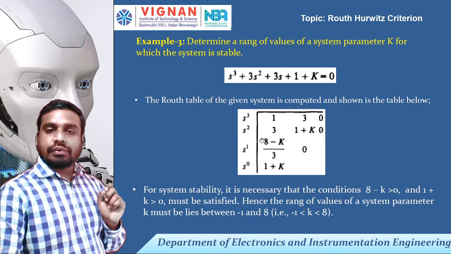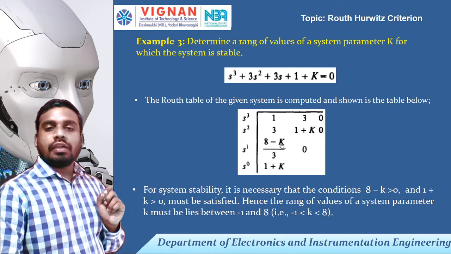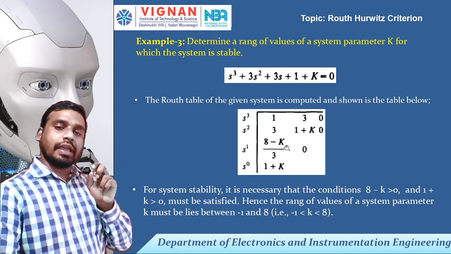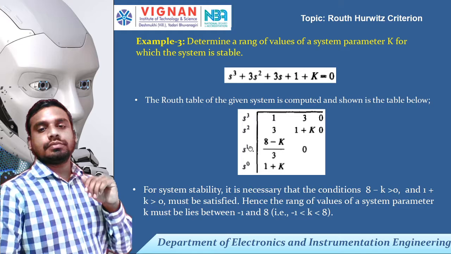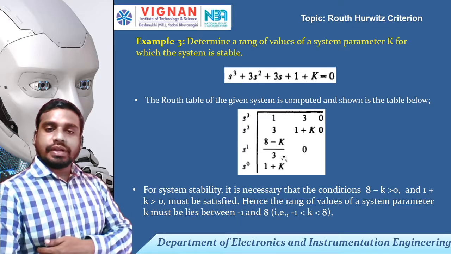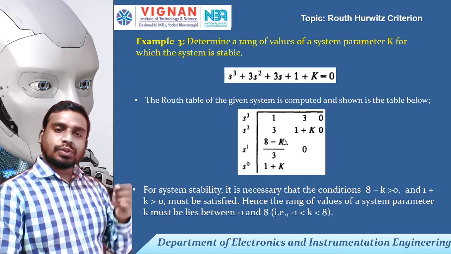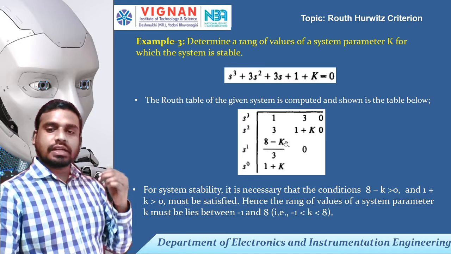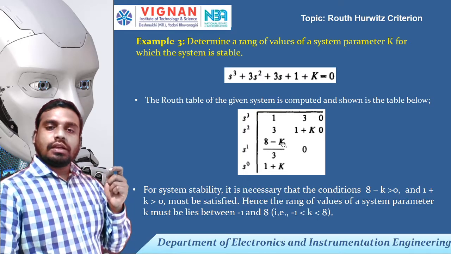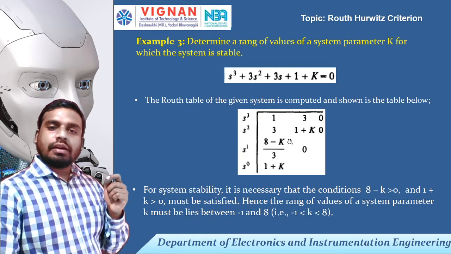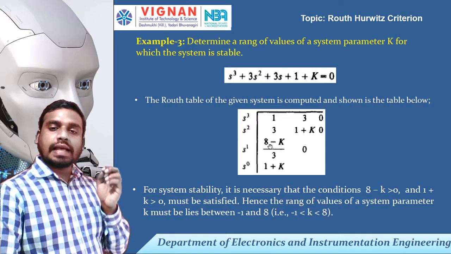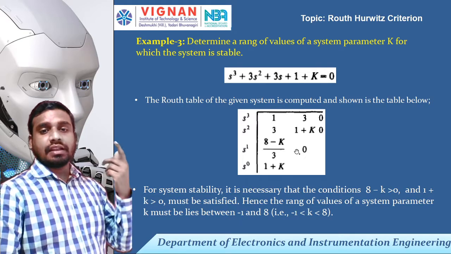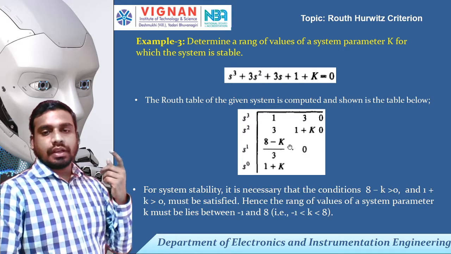Now, if you equate this to 0 and substitute some values of k, starting from 0, you may get the first element of the third row as negative if k is greater than 8, right?